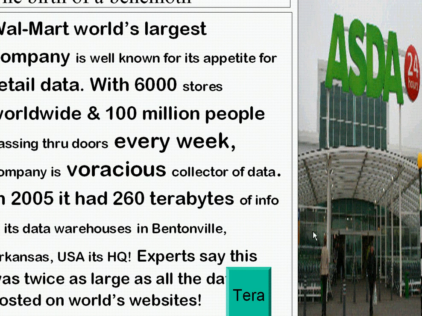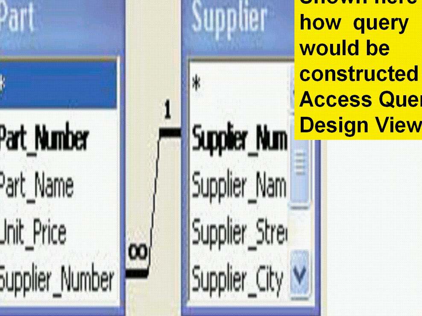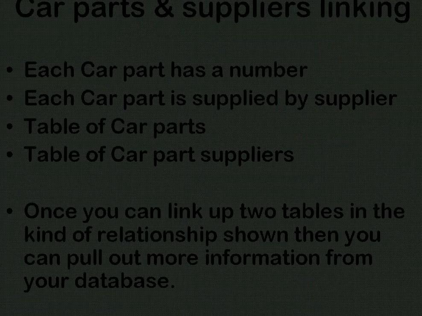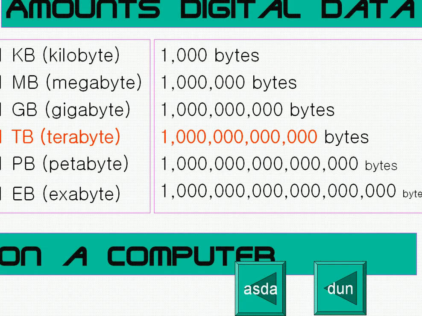Look at this with regard to Asda or Walmart. 260 terabytes of information. 100 million people go through its doors every week. Just take this on board. I'm going to stop here.